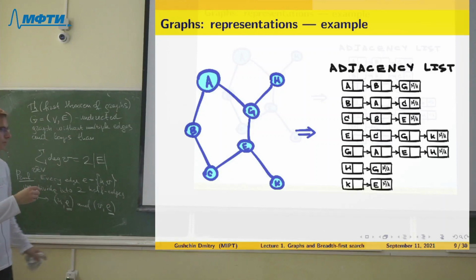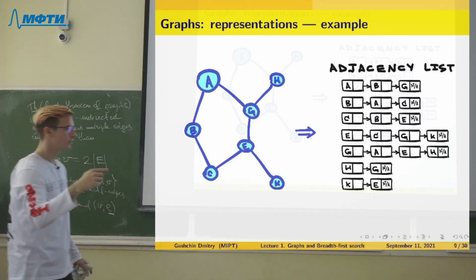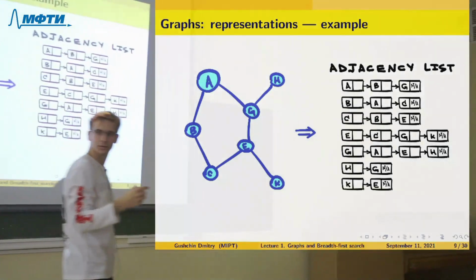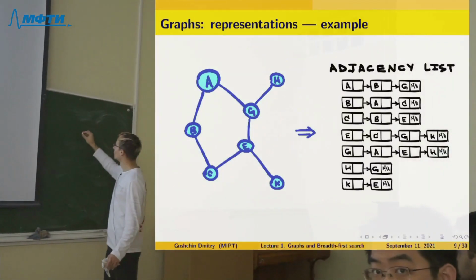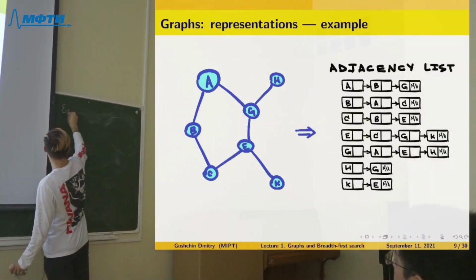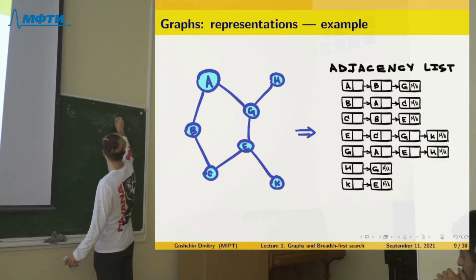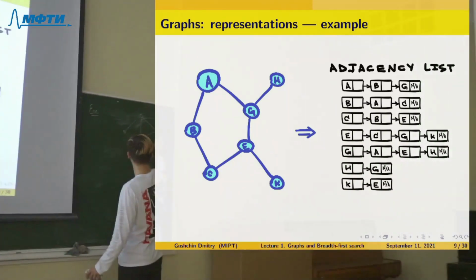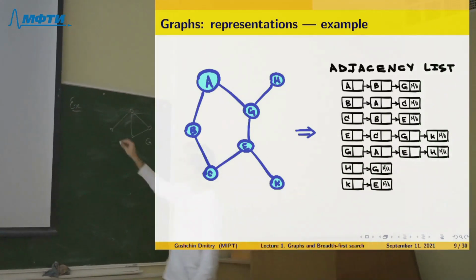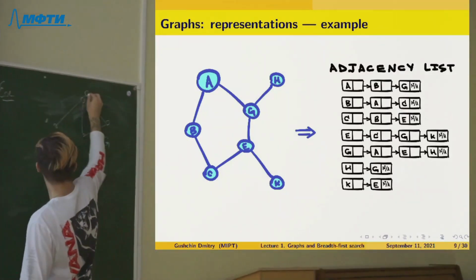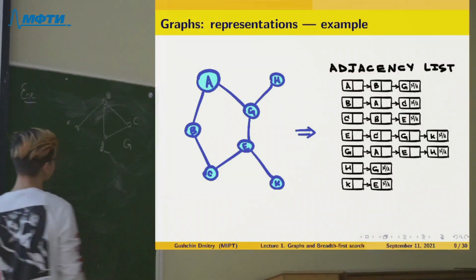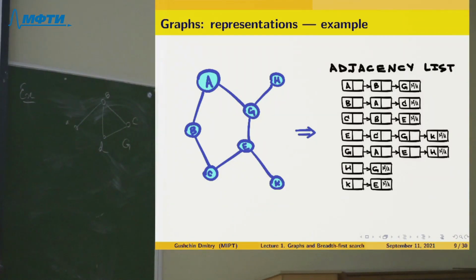I can draw a picture, but can you turn the camera? Thank you. For example, we have graph A, B, C, D. And what is the set of edges of this graph?